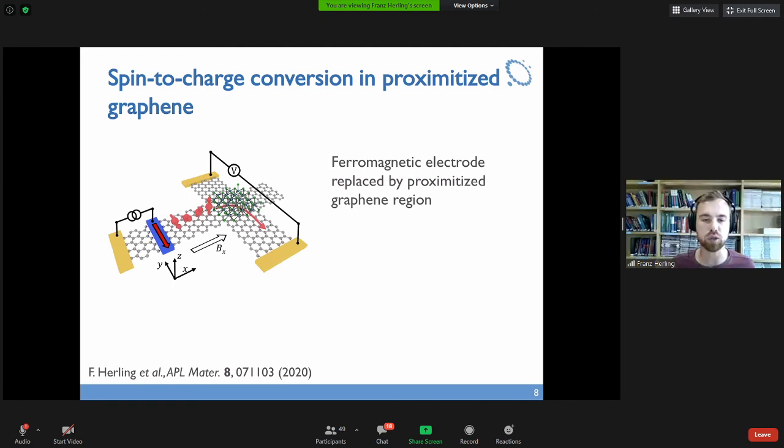There are essentially three cases that can happen for the spin to charge conversion. It's the spin Hall effect directly in the graphene, the spin Hall effect in the TMD, and the third one is, of course, the Rashba-Edelstein effect at the interface. The last two have a different symmetry in the spin to charge conversion than the spin Hall effect in graphene.